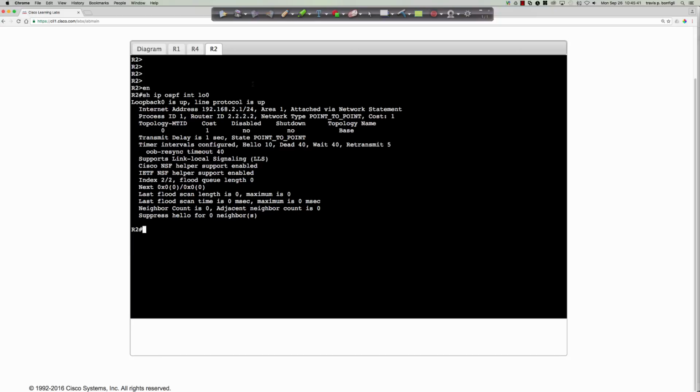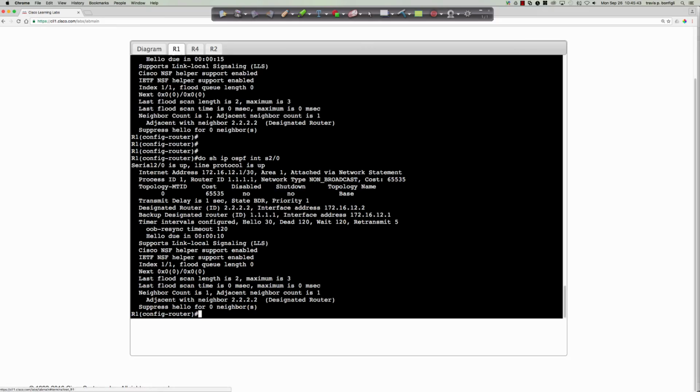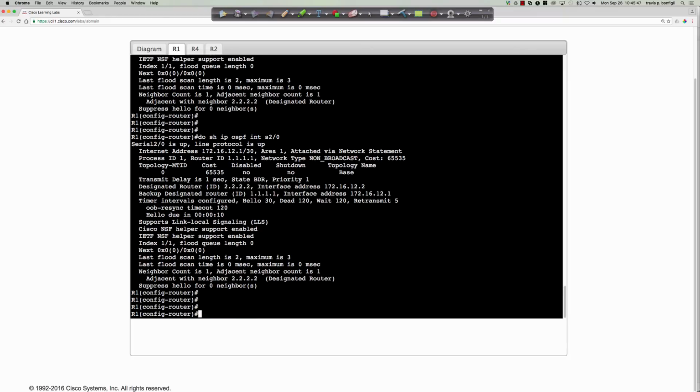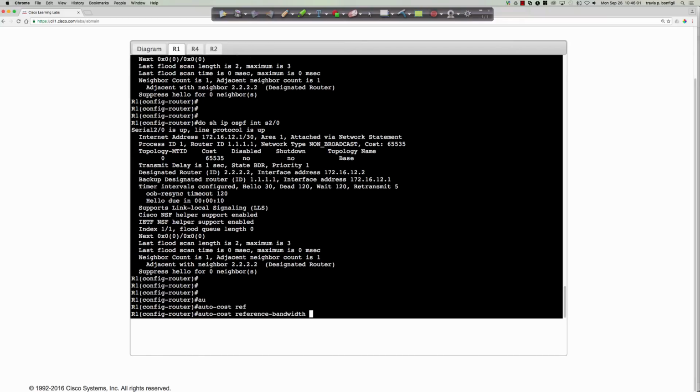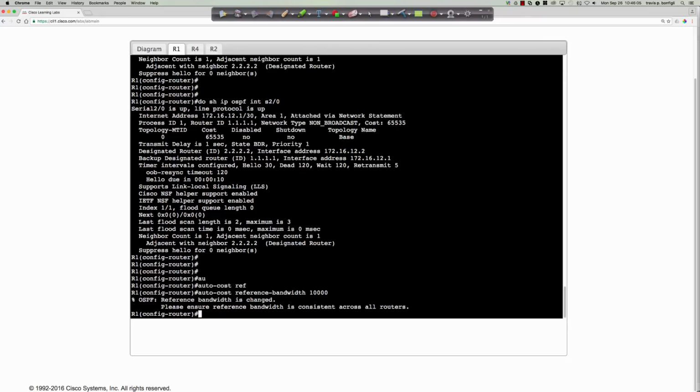Here's what we're going to do. We're going to go back to router 1, and it looks like they have us leaving it set at 10,000. So let's go ahead and say auto-cost reference-bandwidth 10000, so we're setting it to 10 gigabits per second.